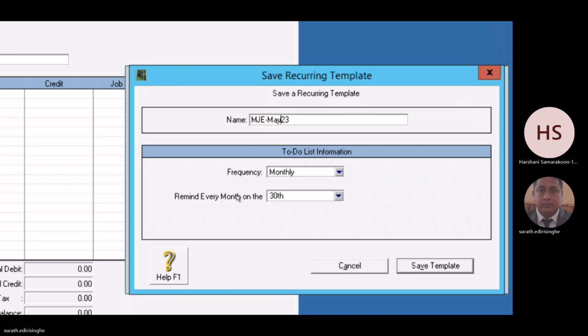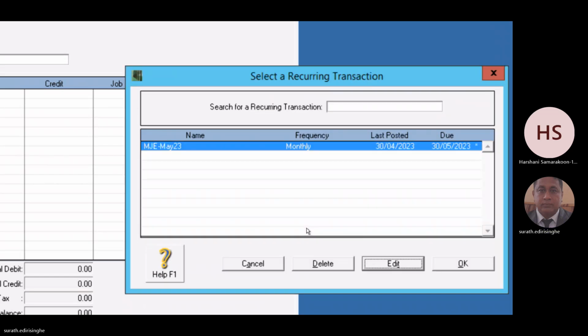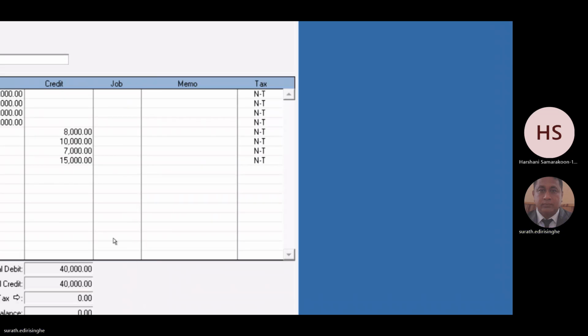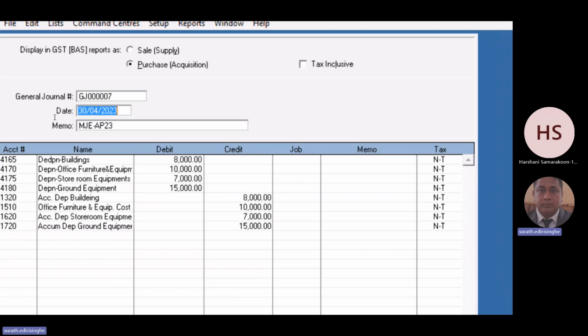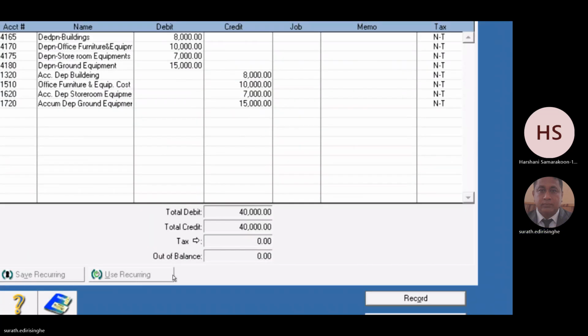Edit. Right? Then save. Then OK. Change the date here, month of May. Definitely you have to change the date, otherwise the same transaction will be recorded in April. Change the date and record.